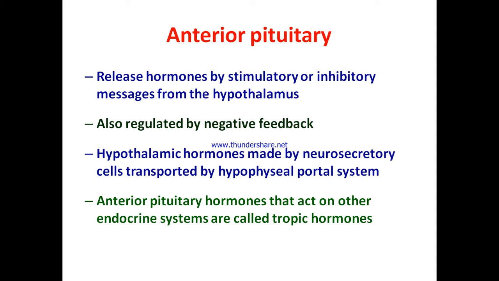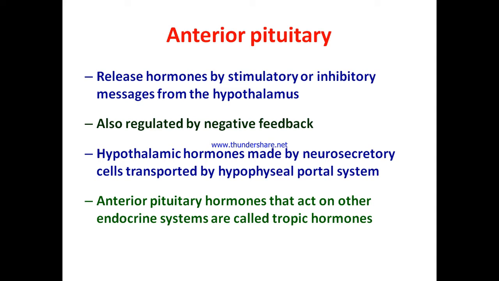If the hormone is less in concentration, the anterior pituitary will secrete more hormones and release them into the blood. If the blood has enough concentration of these hormones, the secretion will be inhibited. In the hypothalamus, hormones are made by neurosecretory cells, which are transported to the pituitary by the hypophyseal portal system.